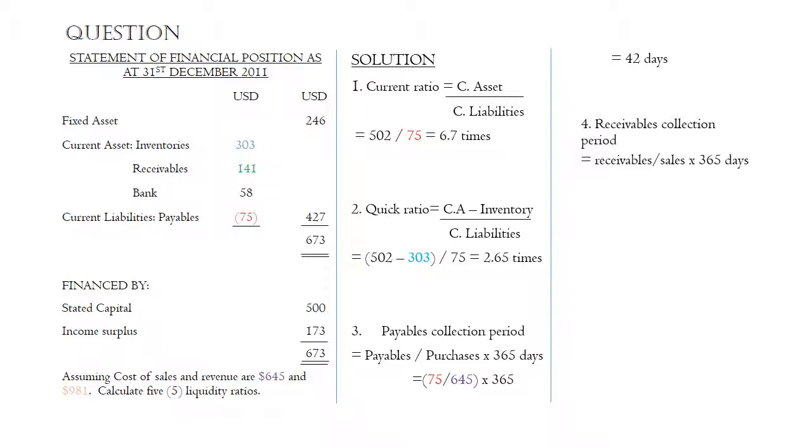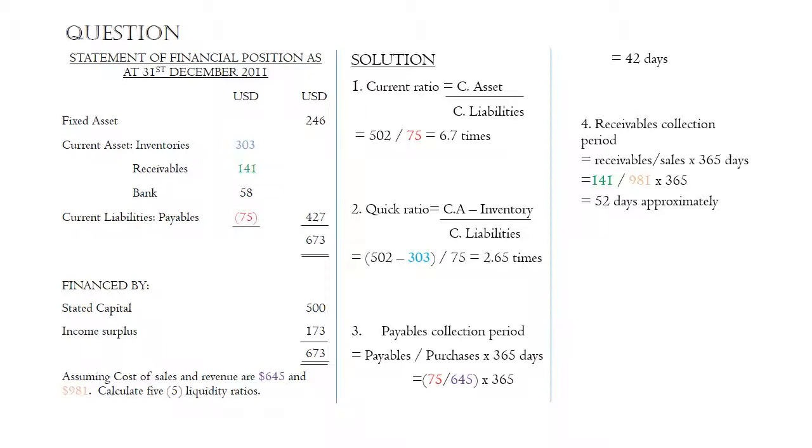Now in this question, our trade receivables under the current assets is in green, which is 141, and then our credit sales in the footnote is $981. So it's 141 over $981 multiplied by 365. By approximation, we get something around 52 days.